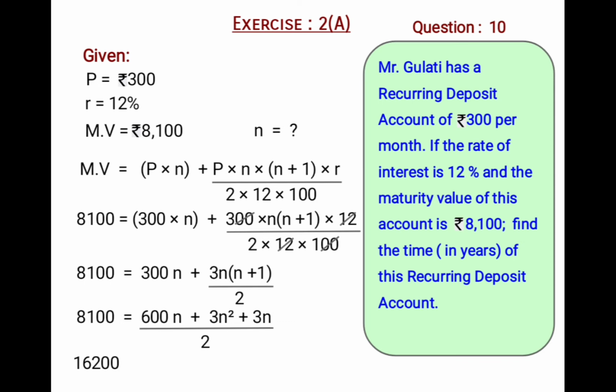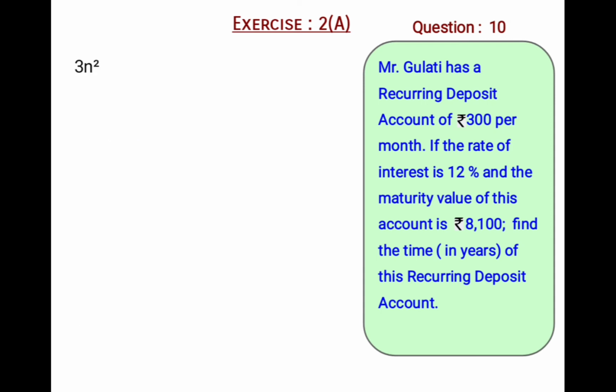So I am going to add those. 603n plus 3n square. Now I am going to bring all the terms on one side. 3n square plus 603n minus 16,200 equal to 0.